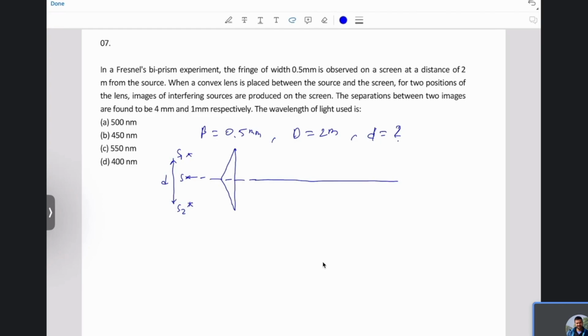Now at some point there will be a light, so these two lights are passing like this. Then you have another one passing like this.